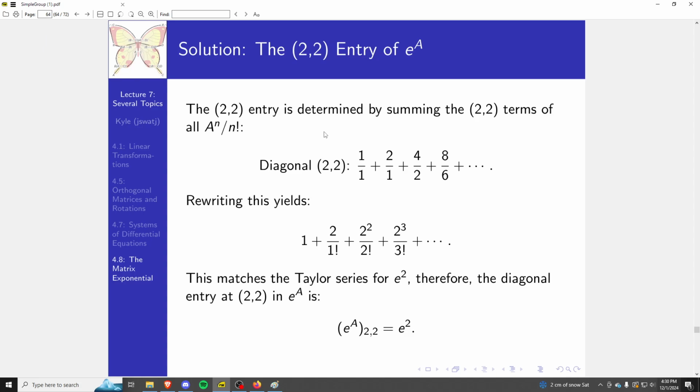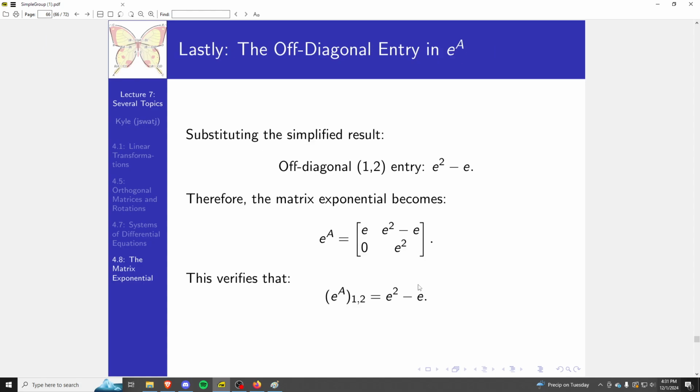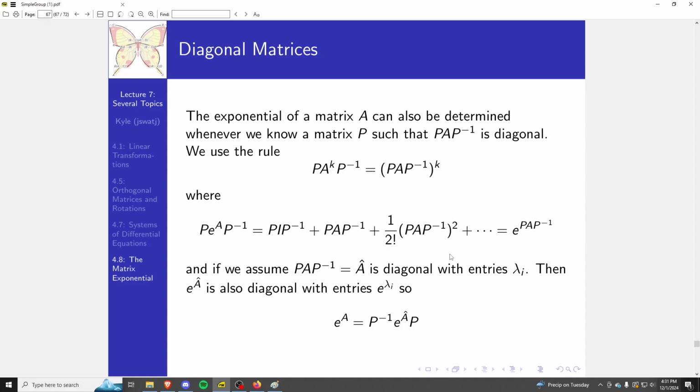And the harder part to find is the top right, which is an infinite sum. That's a little complicated, but it can be broken down as e squared minus e here. So this would be the matrix exponential right here. And so diagonalizable matrices have a really nice property.